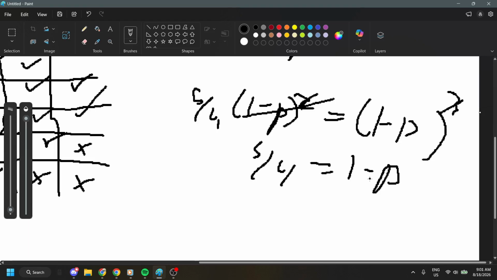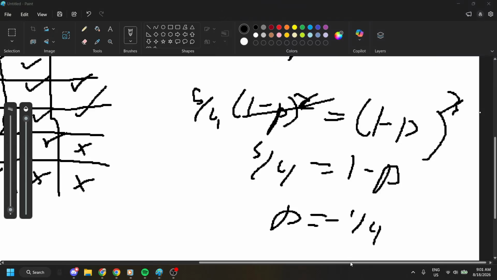So I must be doing something wrong, because right now I'm getting p is equal to negative 1/4, which clearly is not the case.